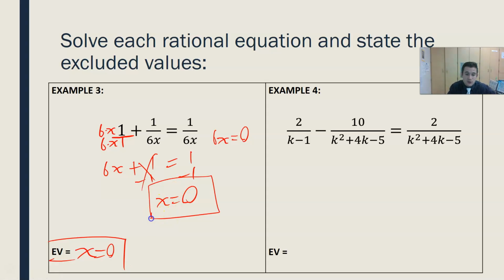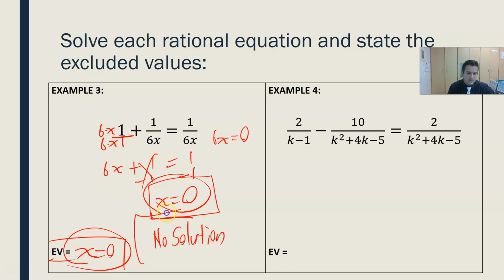So notice here, the solution that I got, x equals 0, is an excluded value. So that solution doesn't work. It can't work because I can't be dividing by 0. So the answer to this problem would be no solution. There's no solution here because the one solution I did find isn't going to work. Okay? We'll see some of that as we continue to go through here.